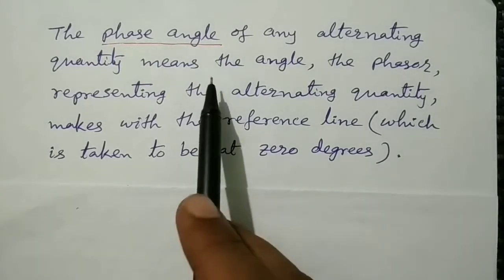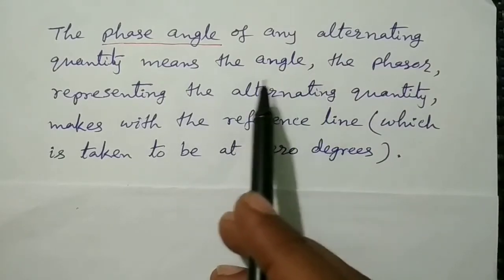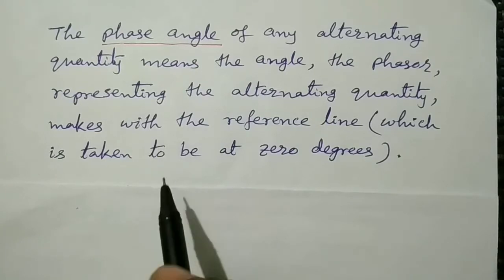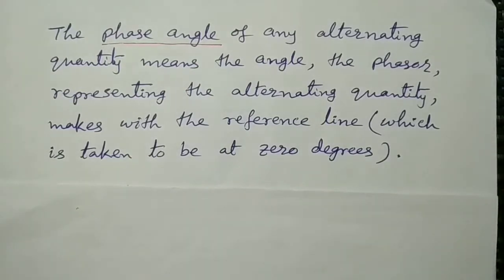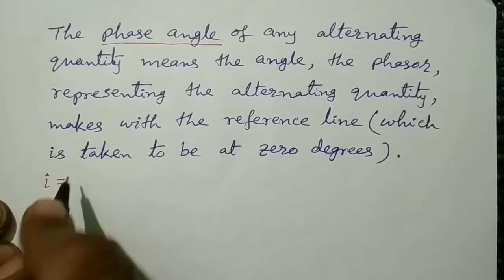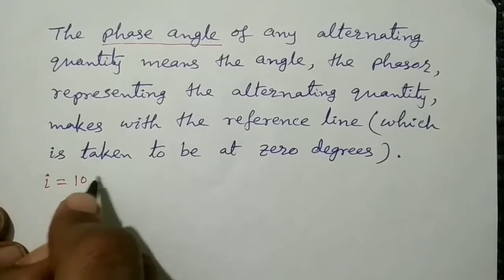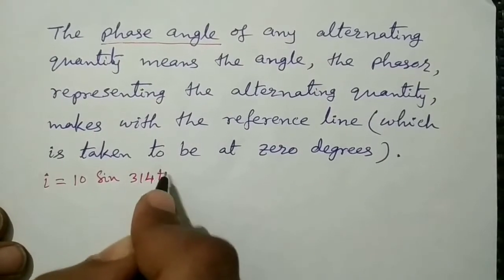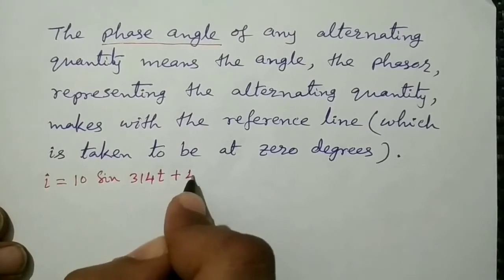That means phase angle is the position of a phasor with respect to the reference line. For example, if we consider a current I equal to, let's say, 10 sine 314t plus 45 degree.